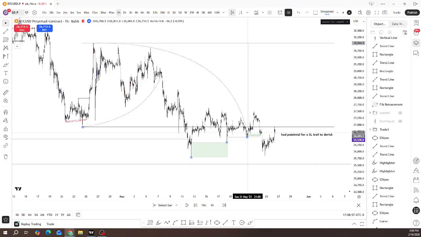We got Sunday, so we have that weekly open. This was that weekly open pushed down with pre-London confirming the model, so that's pretty clean.